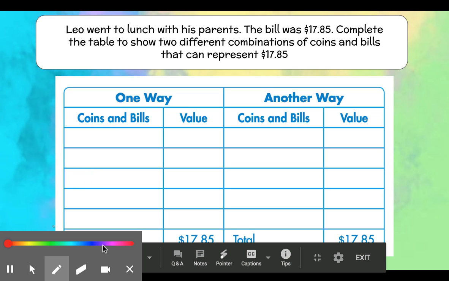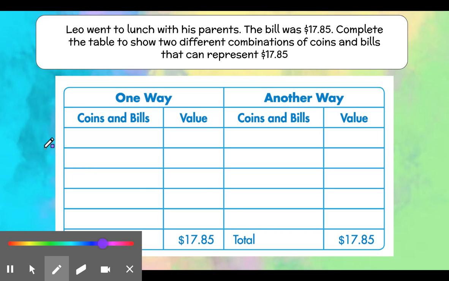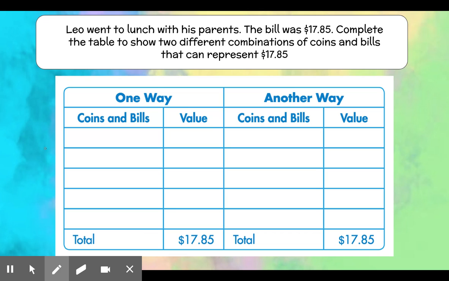So one way, I'm going to start with bills. So to make $17, I want to think about the bills that I can use. Well, I can't use a $20 bill because that's too much. So the next highest bill I can use is a $10 bill, which is worth $10.